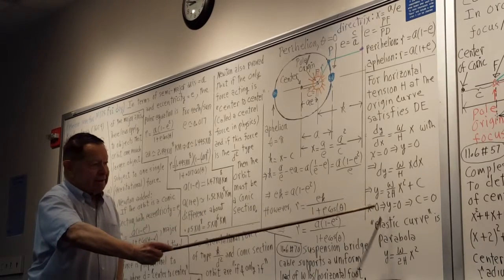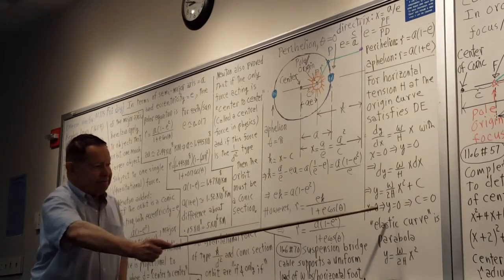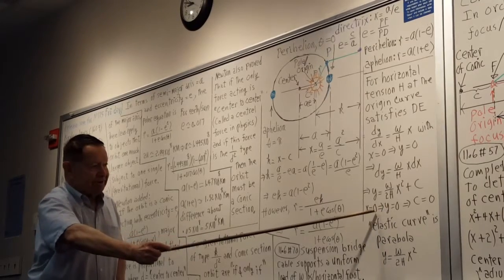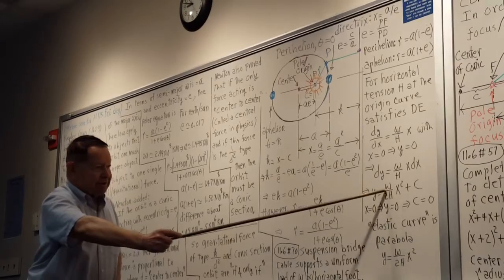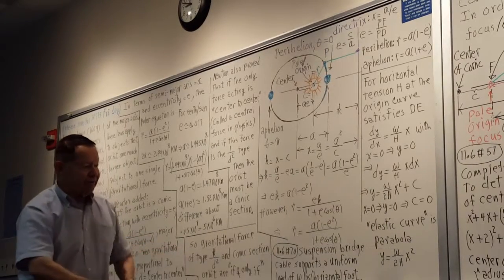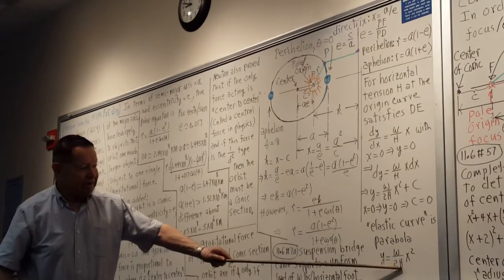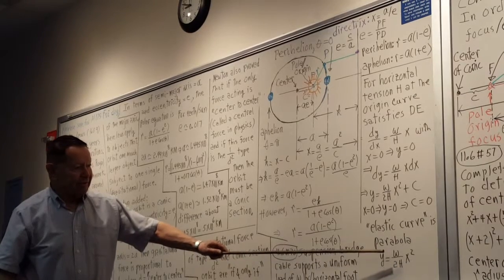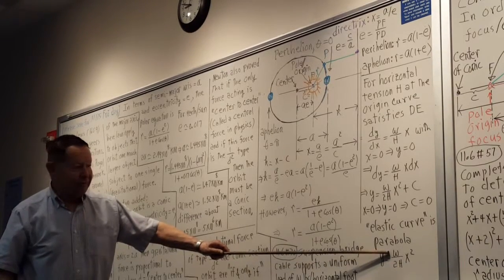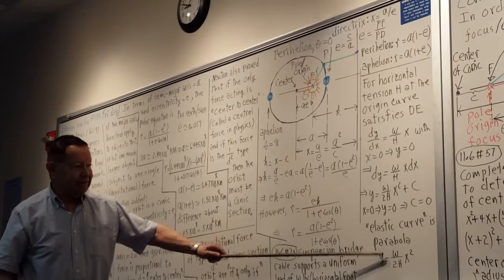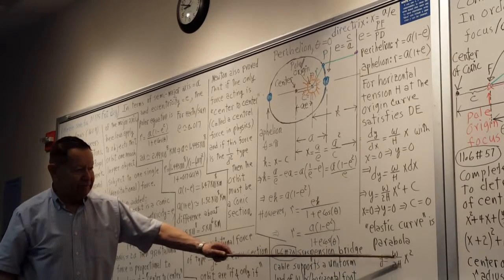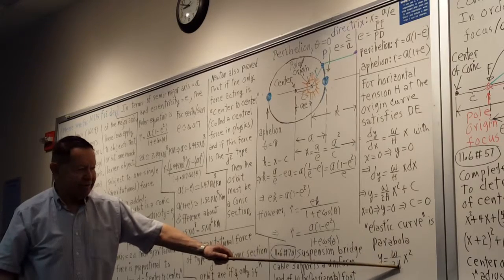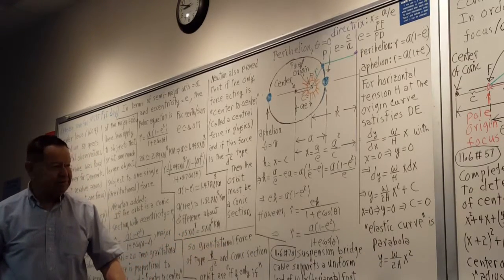So then you can get your constant because you're saying y is 0 at x equals 0. So your constant is 0. So the elastic curve for minimum horizontal tension with a given load per foot that's, say, W, is a parabola where the coefficient is the W over twice the horizontal tension.